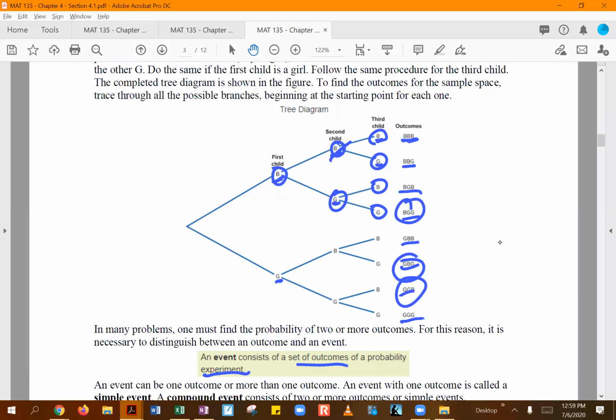You were already at the third child, so each of these last answers would need to be broken down into 2 more options, boy or girl, until you figure out how many different possible outcomes you have. Again, just a build up on this example.